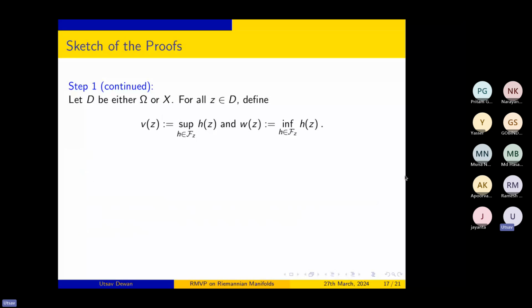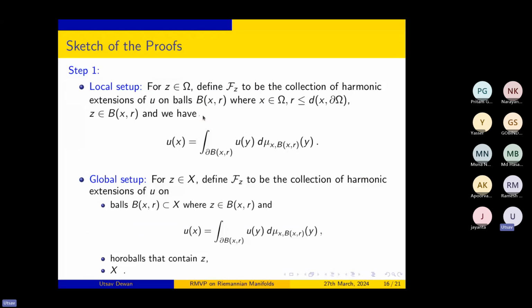So let's go back to the previous slide. This is how they are constructed. Fix a point z in the space, and now consider this family, the collection of harmonic extensions of u on balls B(x,r), where x is in Omega, r is less than or equal to d(x, ∂Omega), and z is in B(x,r).